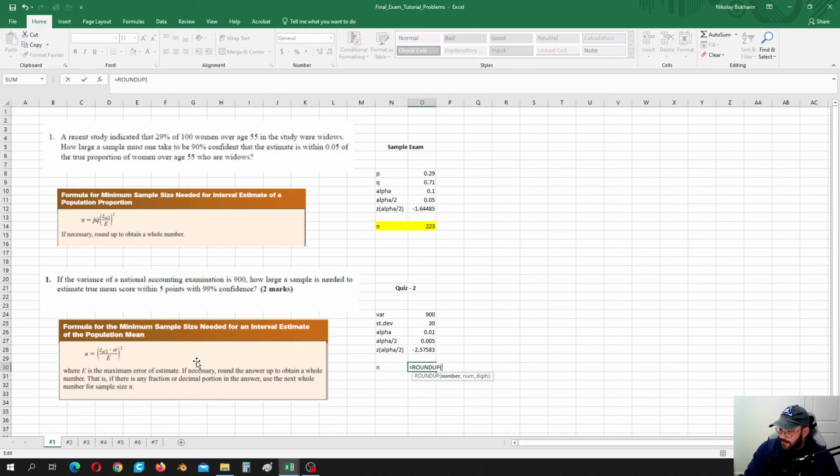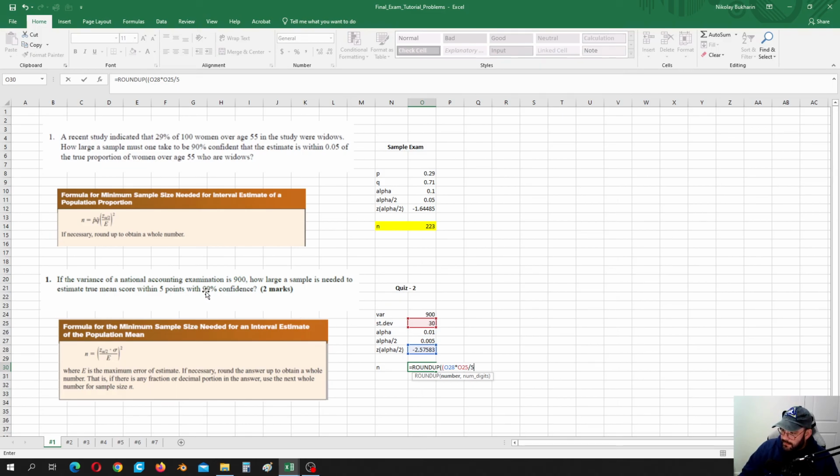Let's maybe take everything and then take that ratio and then square everything. So let's take z alpha over 2 multiplied by standard deviation divided by error, which is in this case 5.